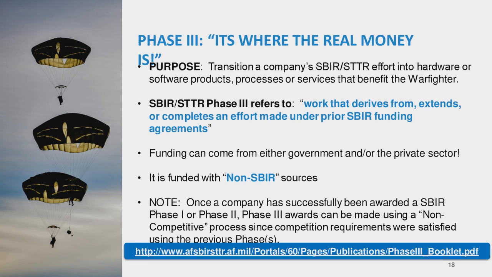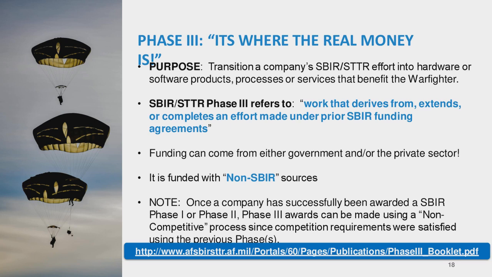Once you've developed your technology and you've proven that it works, you're looking for that guy that's going to provide some non-SBIR money. And this basically rolls back to the fact that once you've had a Phase 1 and a Phase 2 contract, you have satisfied the congressional language that states you have to compete the effort.